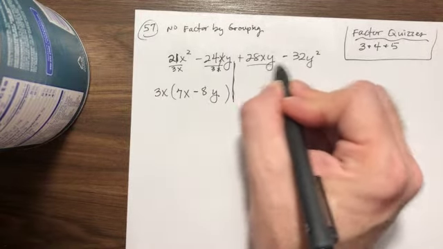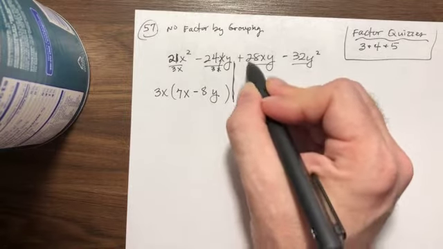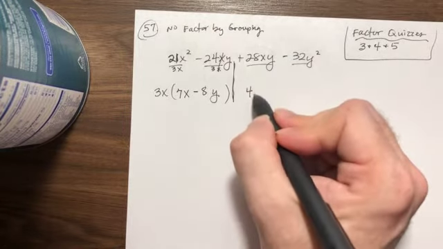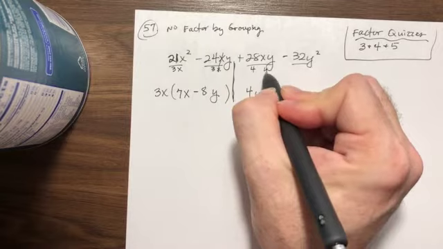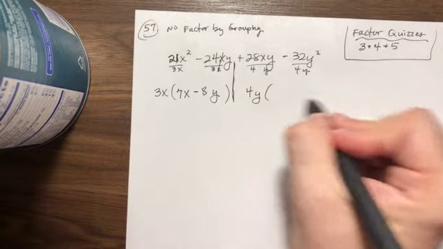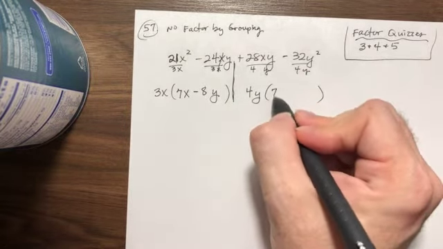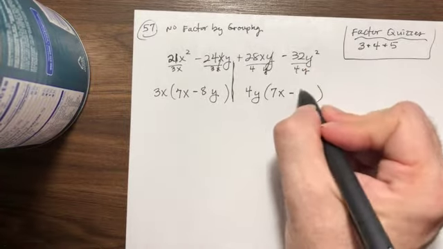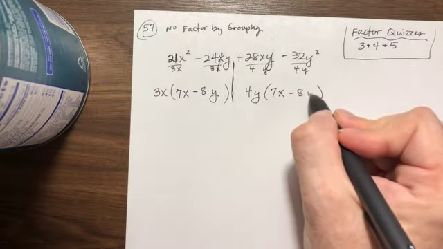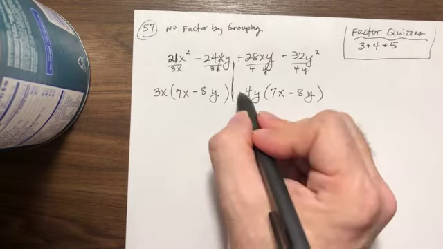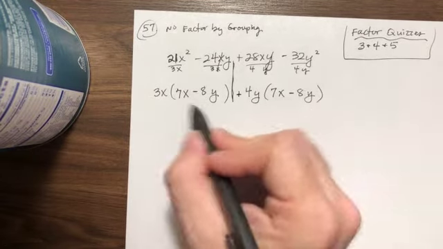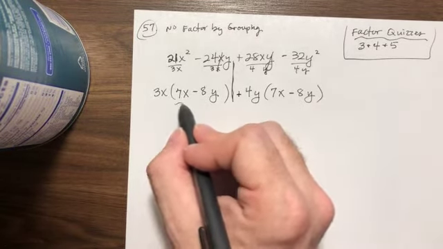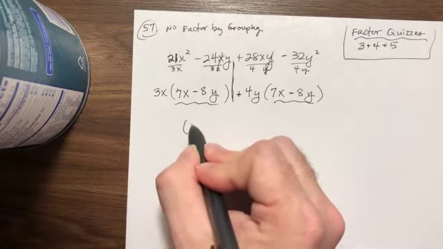All right, over here we have 4 is a number that goes into both of them, and they both have a y. So I'm going to divide both by 4y to get what's in parentheses, and I'm left with 7x, the y's cancel, and then 8y. Now, the way you put this together is the common parentheses that they have gets written once.